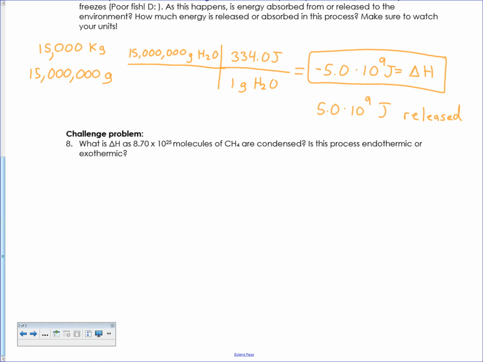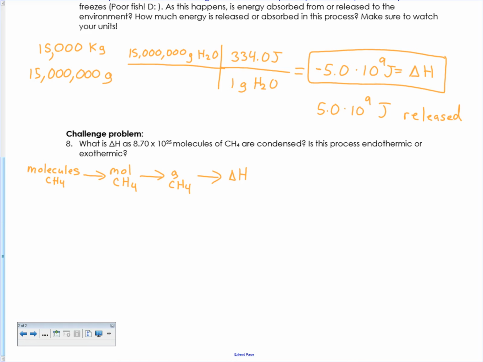What we're going to do here is we're going to go from molecules of CH4 to moles of CH4, to grams of CH4, and then we're going to go to delta H. So this new conversion factor of, in this case, because we're condensing, we're using heat of vaporization, it allows us to do this.